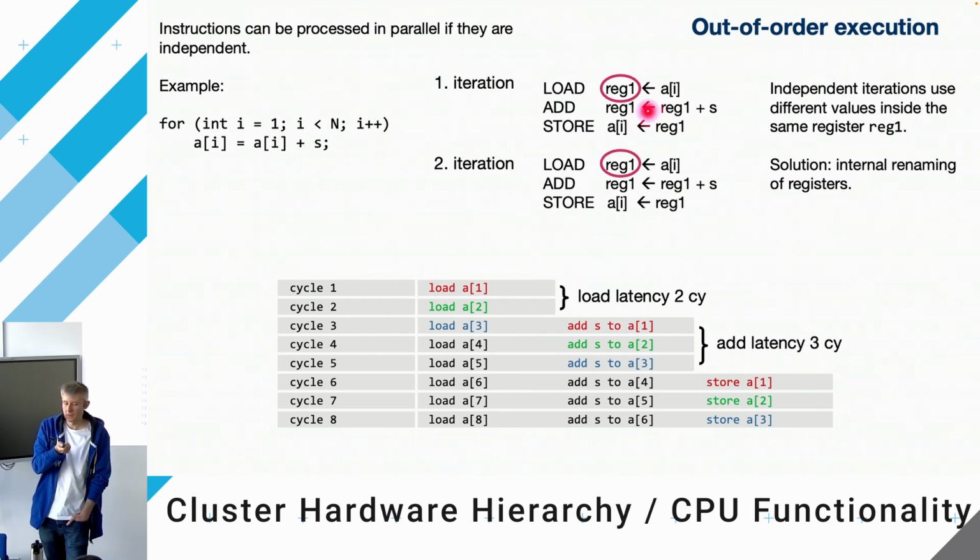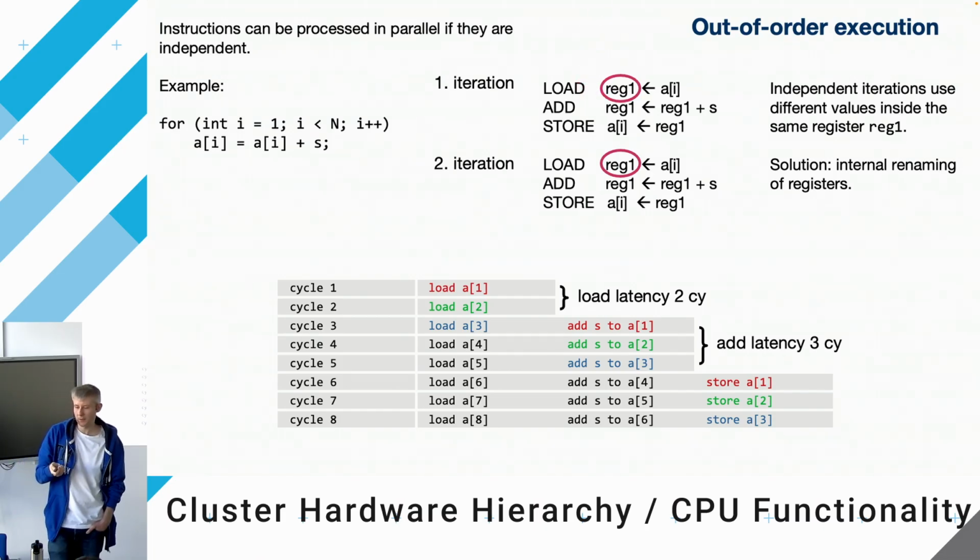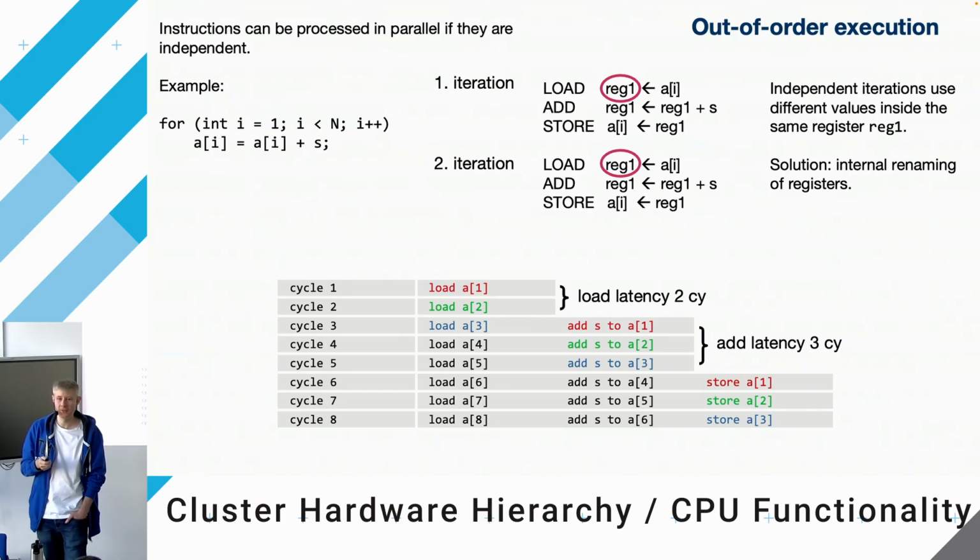So if we load the first value in this register and then we load the second value in this register, then it would overwrite the first value. But the CPU designers are smart, and they created a system to check the real dependencies, because this add depends on the value that was loaded before, and this add depends on this first load.